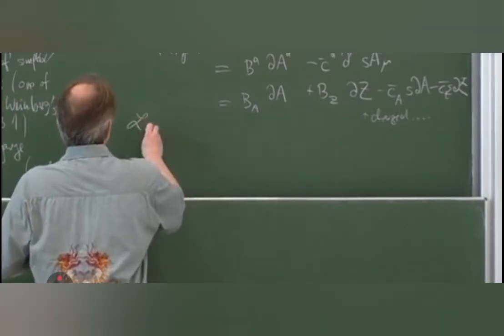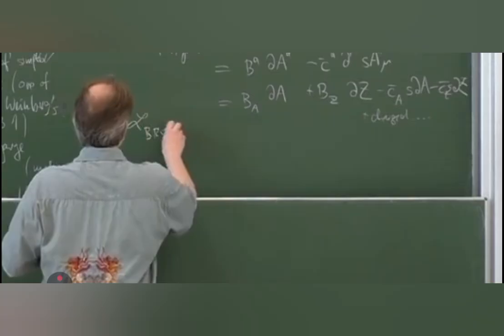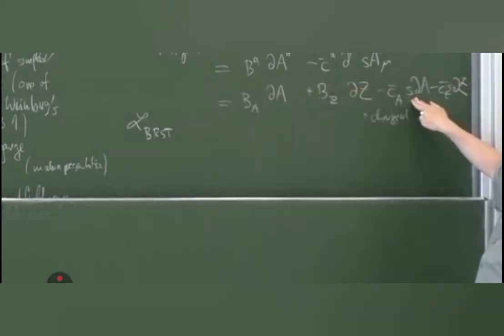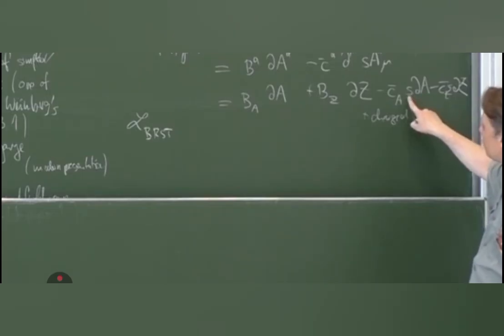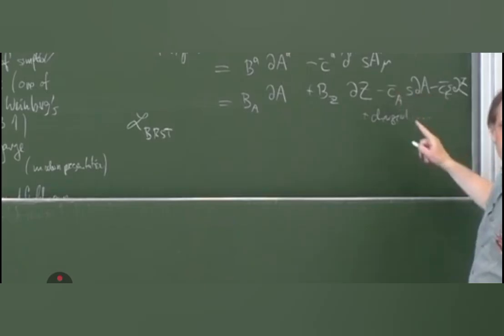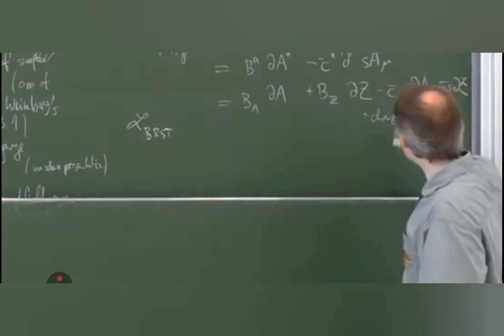Let us also write down the BRST. And okay, then let's look at this term here. This gives the ordinary gauge kinetic and ghost kinetic terms. So one term here gives us the d'Alembert operator on the Faddeev-Popov ghost, and other terms give us interactions between Faddeev-Popov ghosts and gauge bosons. So the ghosts are interacting.